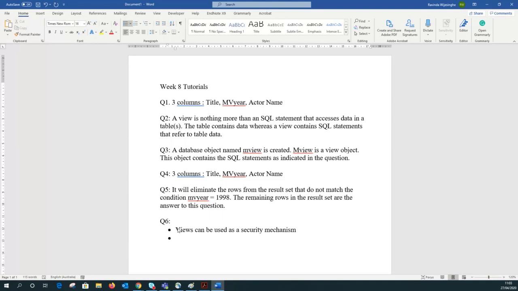Okay. The other thing is views can hide the complexities of the SQL statements.